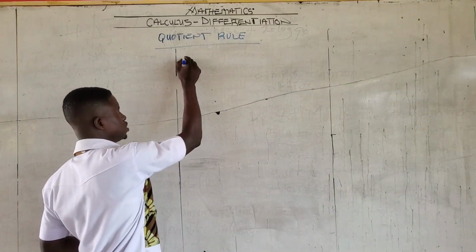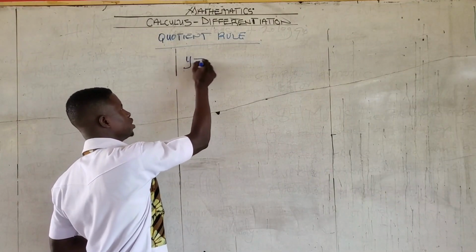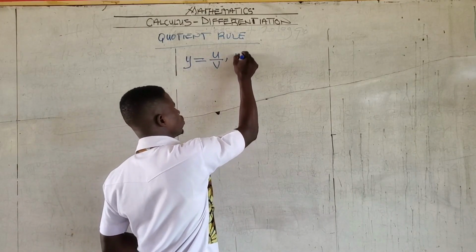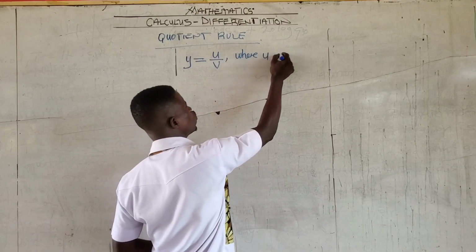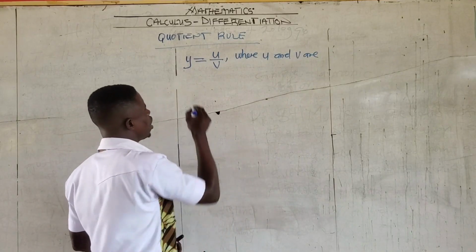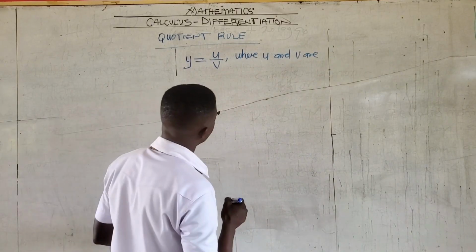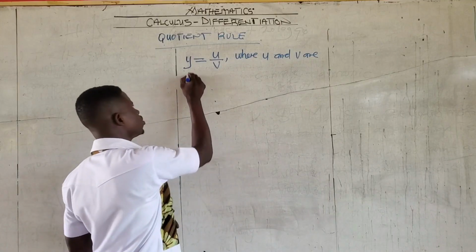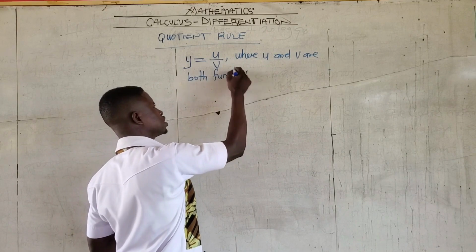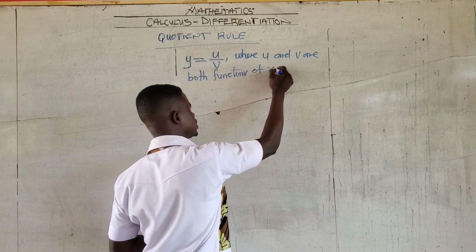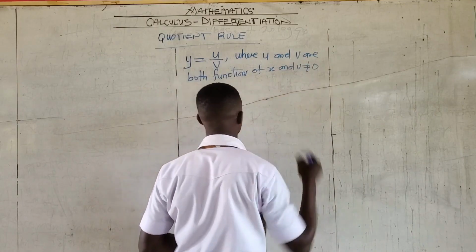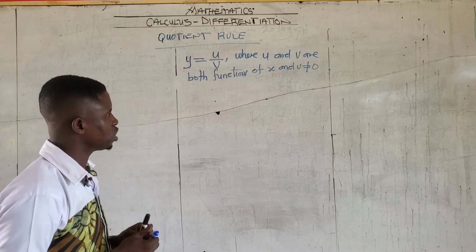If you have an equation, say y is equal to u divided by v, where u and v are both functions of x, and v is not equal to 0.